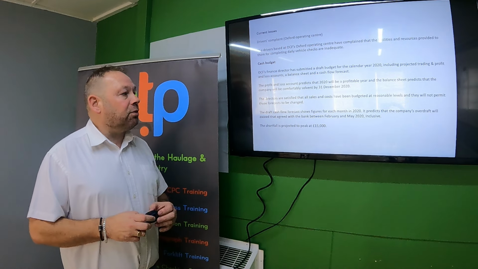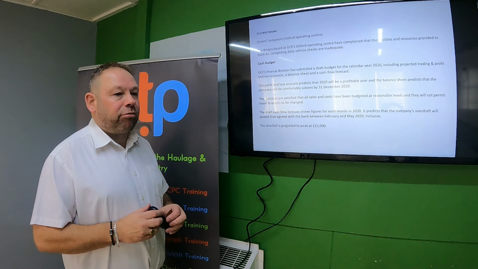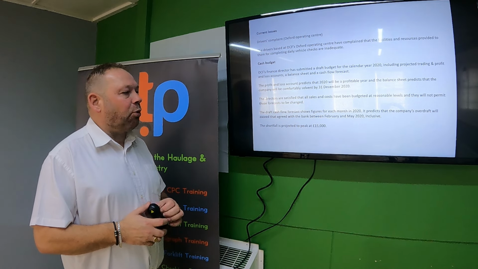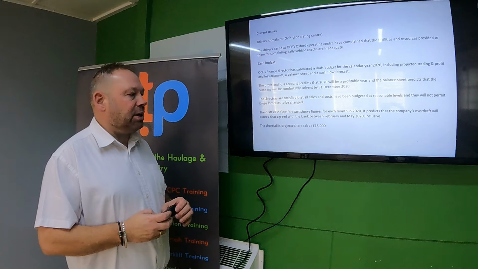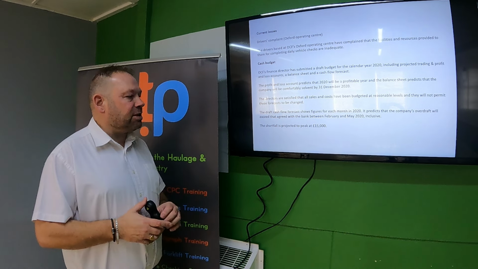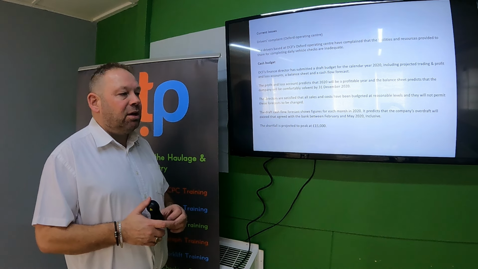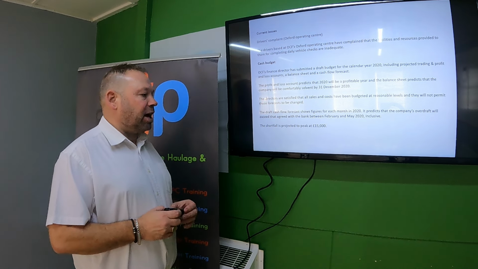The profit and loss account predicts that 2020 will be a profitable year, and the balance sheet predicts that the company will be comfortably solvent by 31st of December 2020. The directors are satisfied that all sales and costs have been budgeted at reasonable levels, and they will not permit these forecasts to be changed.